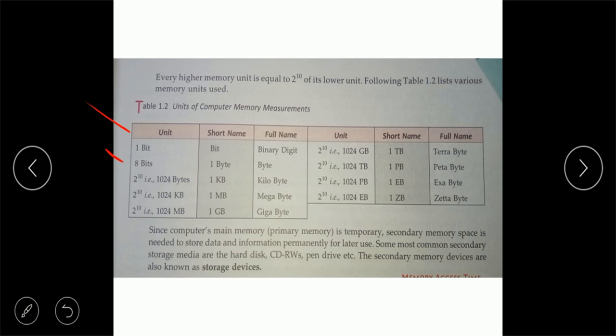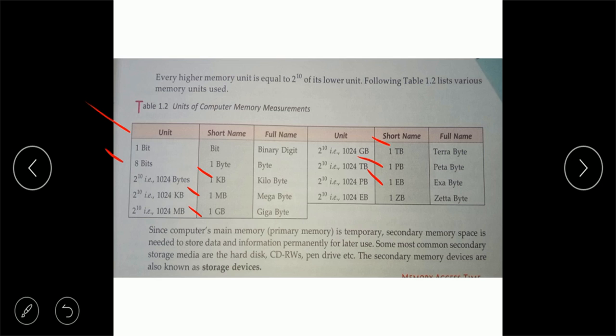Now 2 power 10, that is 1024 bytes, becomes 1 KB. Like this it increases: 1024 KB is 1 MB, 1024 MB is 1 GB, then 1024 GB becomes 1 TB, 1024 TB becomes 1 PB, petabyte, and 1024 PB becomes 1 EB, that is exabyte. Like this it continues.